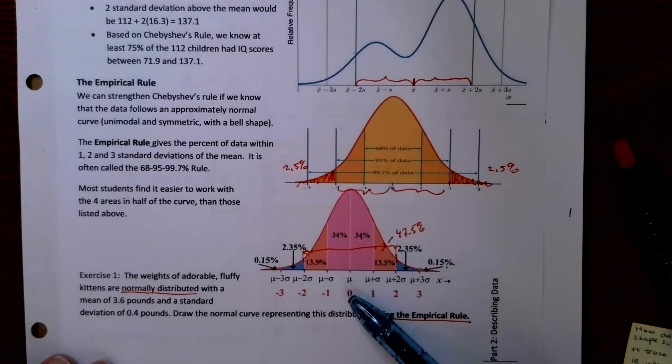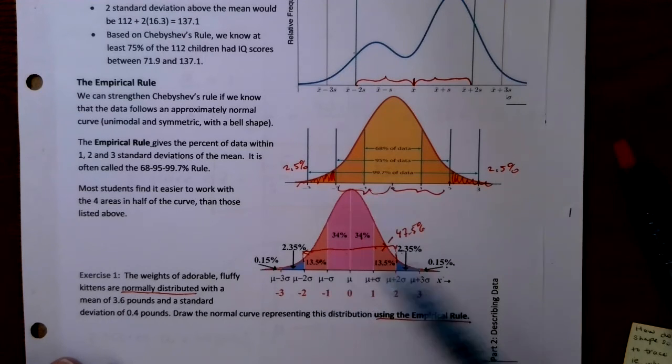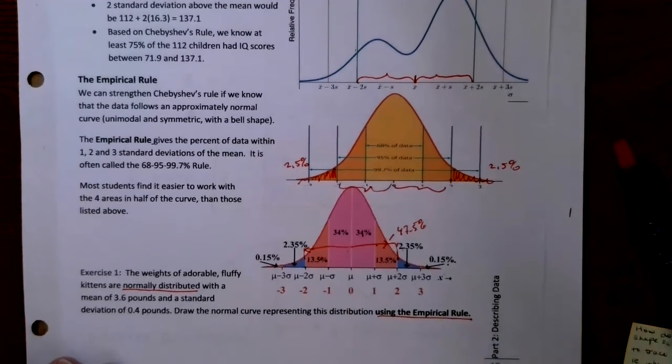So I want you to think of z-score as the distance from the center, from the mean, in terms of standard deviations. Okay, so here, if we move to the left, the z-score becomes negative because we're moving below the mean. And on this side, the z-scores are positive because we're moving above the mean.